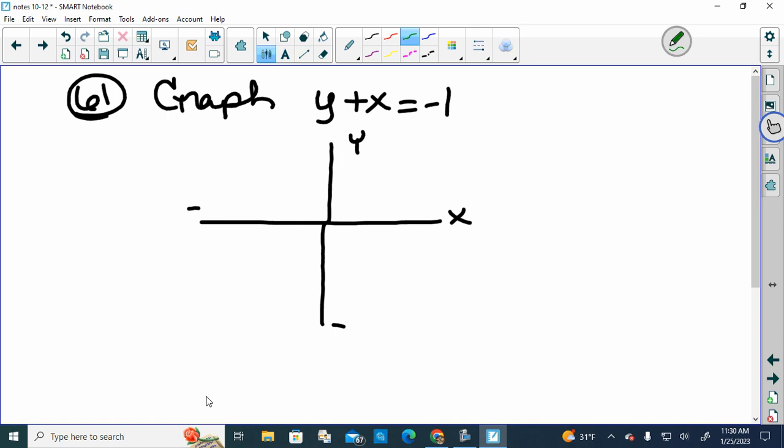So we're going to see this is standard form. The x and the y are together on one side equals the number.